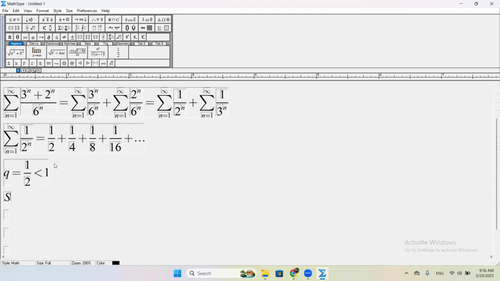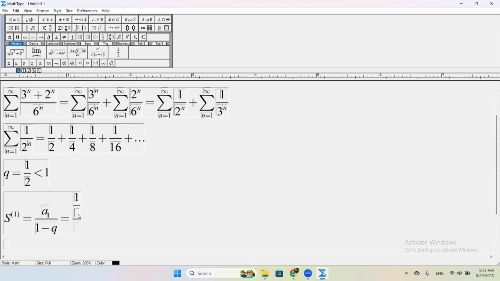The sum of the first series, let me use such an upper index, will be equal to a1 over 1 minus q. This is the formula of an infinitely decreasing geometrical progression, where a1 is the first term.